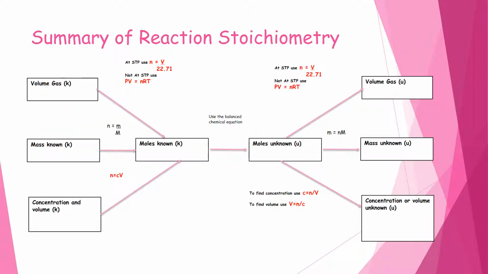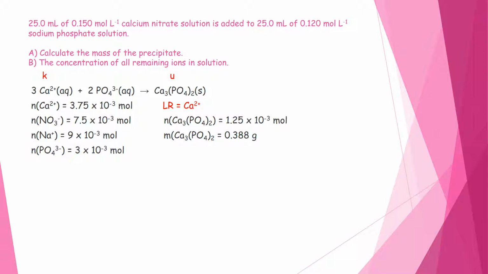Now we're going to need to find the concentration of the remaining ions in solution. So we're going to be using concentration equals N on V. We already have the moles of each of the remaining ions except for the ion in excess. So let's go through the list.